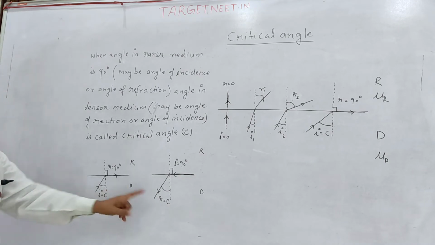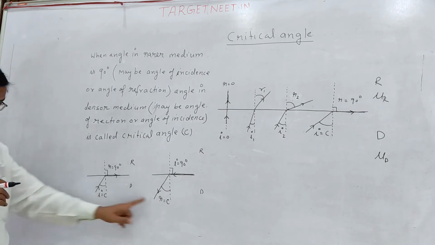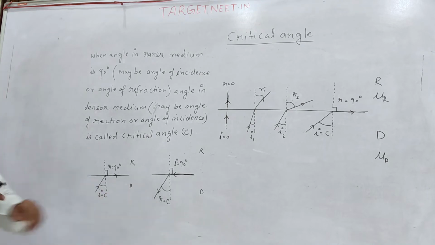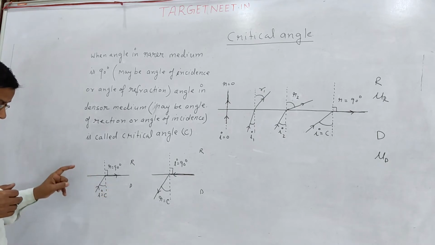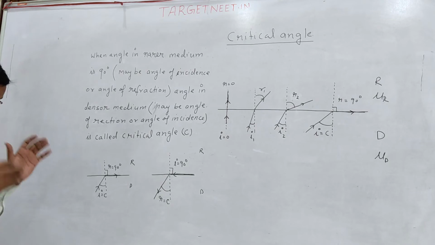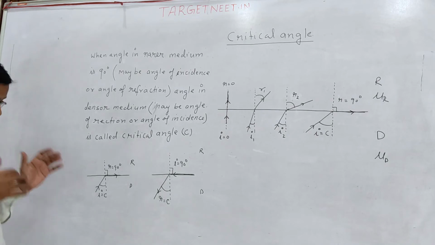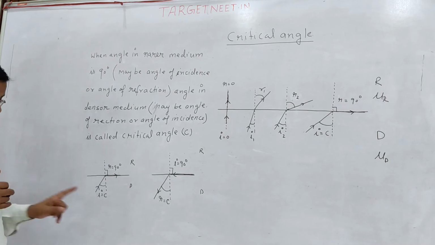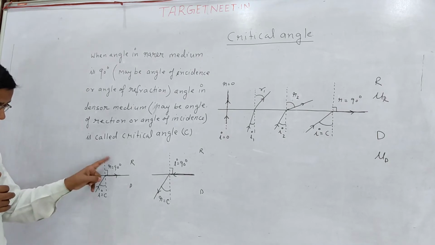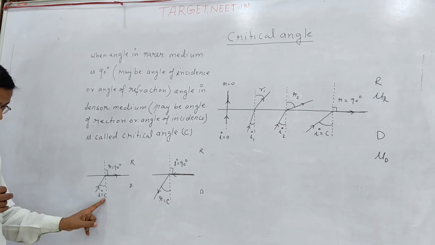So one thing is clear here, critical angle is always formed in denser medium. Second thing, critical angle is formed in denser medium, but it is not true that critical angle will be formed only if light goes from denser to rarer medium. When light goes from denser to rarer medium, critical angle is said to be the angle of incidence.